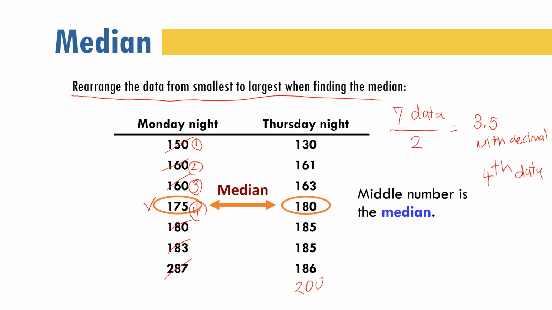The median is going to be, if you cross out by pair, 1, 2, 3, you're going to have this one and this one left. To find the median, you have to get 180 plus 185 divided by 2.